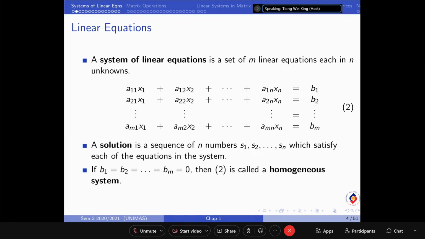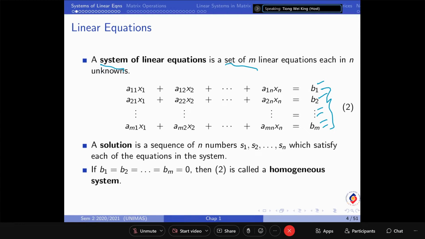Now, a system of linear equations refers to a set of m linear equations, each in n unknowns. Each of these is a linear equation by itself, and if you have a set, it is called a system of linear equations.